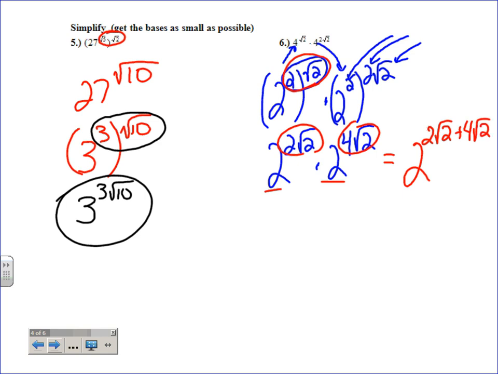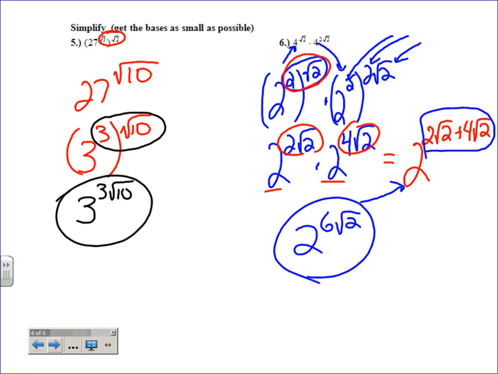What you need to decide now is, can I actually add them or not? I think I heard somebody say 6 square root of 2. Is that how we can add them? Yeah, the radicals have to be the same, though, and they are. What do you do with the 2 as a base? Do I mess with that? No. 2, and then these added together is actually 6 square root of 2. And that's fine. You can leave it like that.